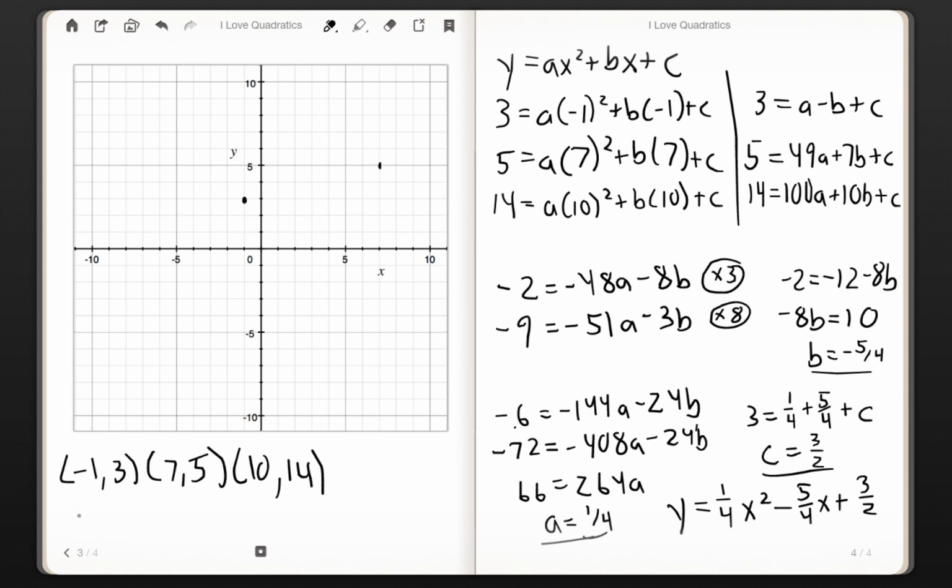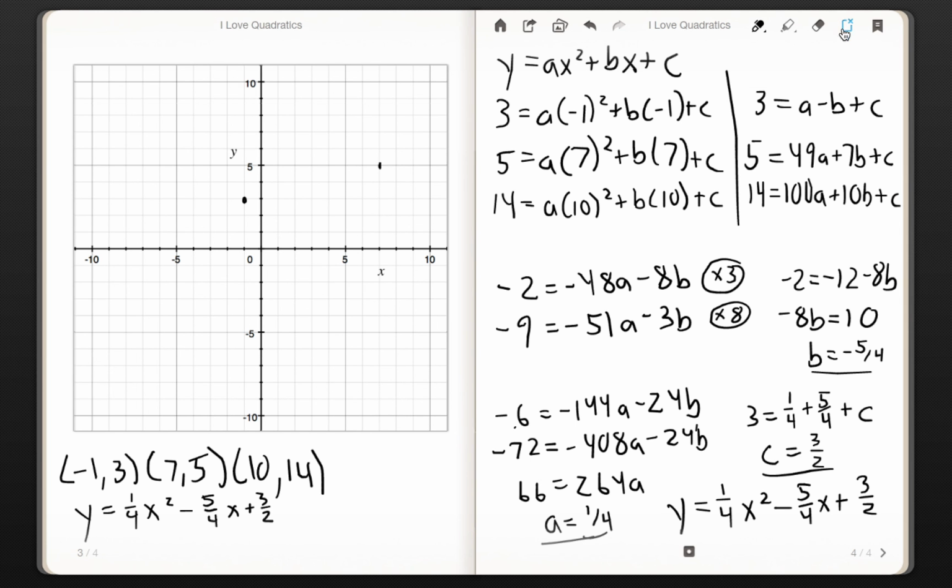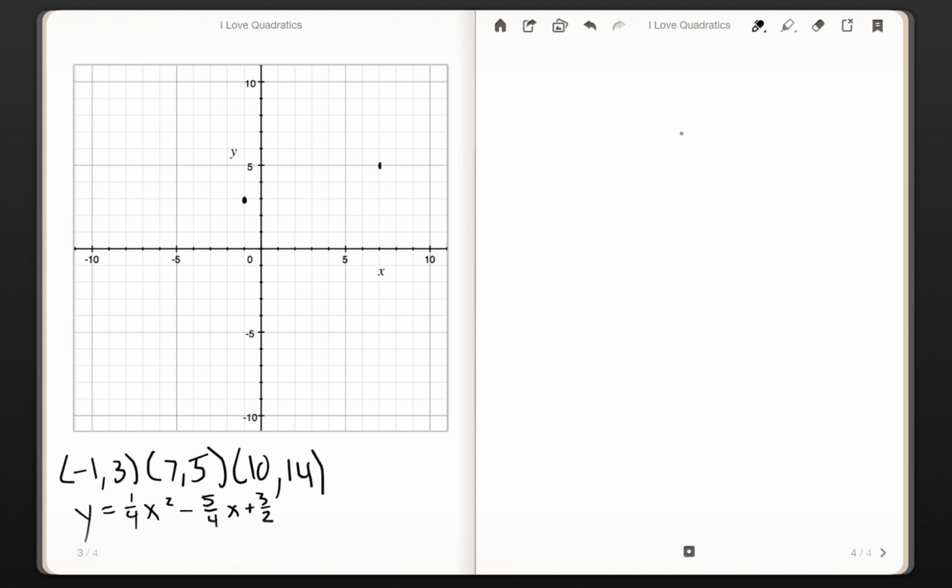All right, I'm just going to write that over here because we have more work that we need to do still in order to graph this. So I'm going to clear that. We have the equation here of the graph, but now we need to still graph it.